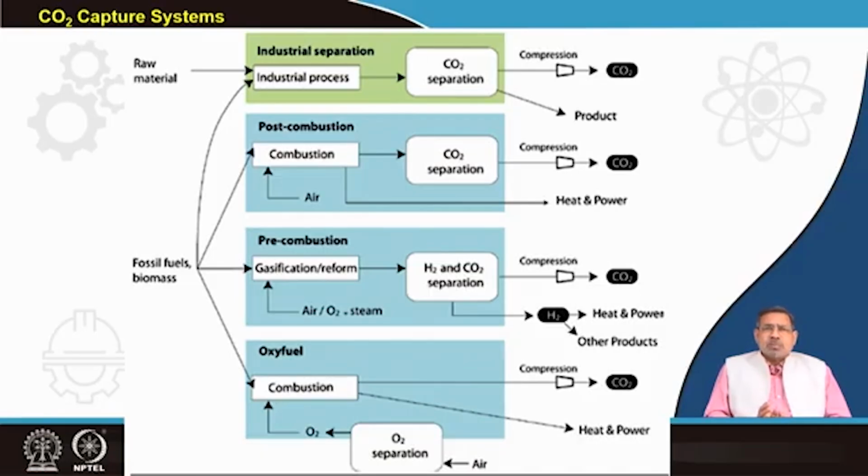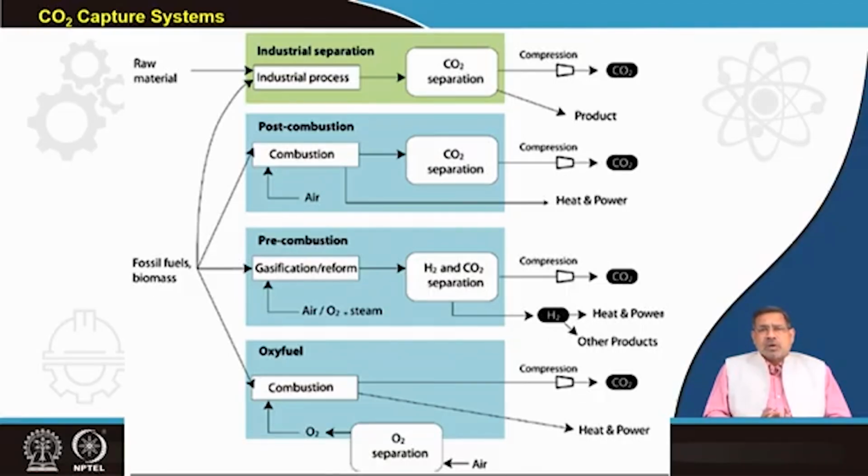In terms of post combustion also, air is required for combustion, so carbon dioxide is separated and it also releases some amount of heat and power. In terms of the pre-combustion also, using gasification and other reforms, air and oxygen plus steam is required as input.